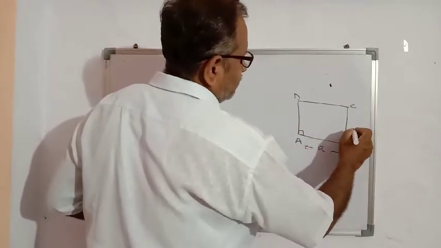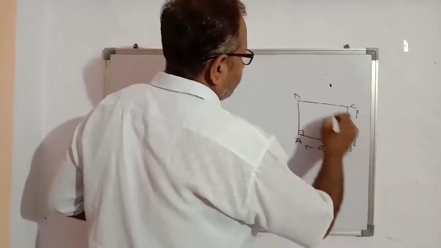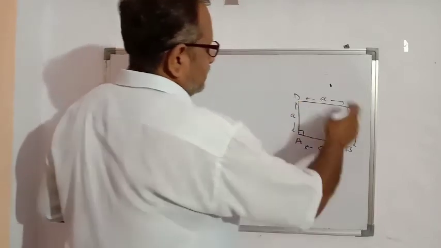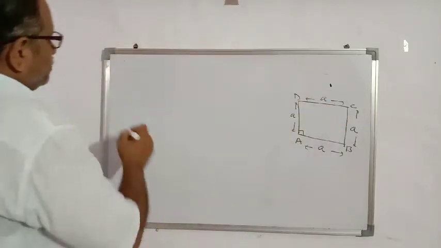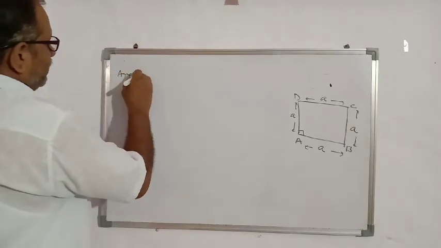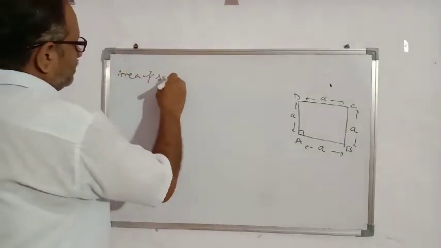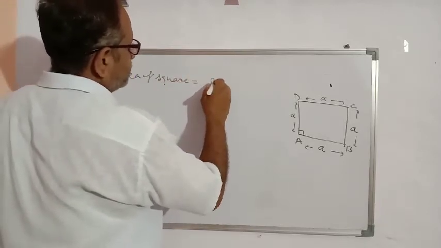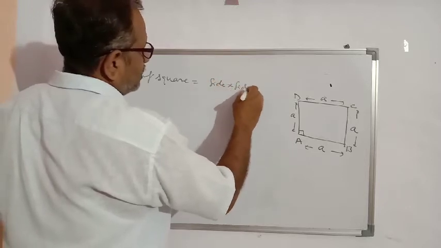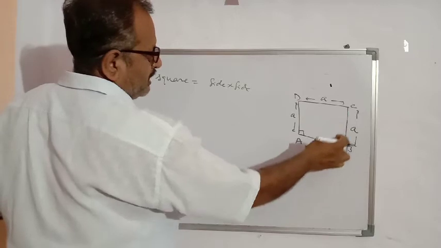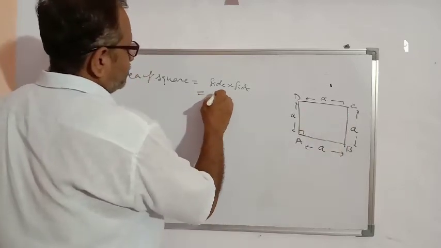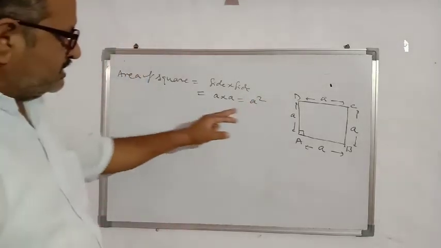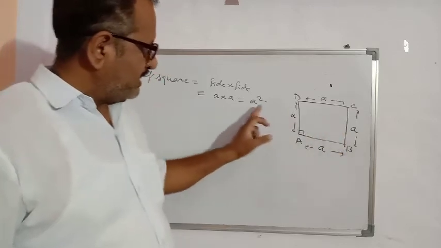Let us suppose each side is equal to A. So what is the area of the square? Area of square, side into side. Length is A, breadth is also A, length into breadth, A into A. So it will be A square. Area of the square is side square.